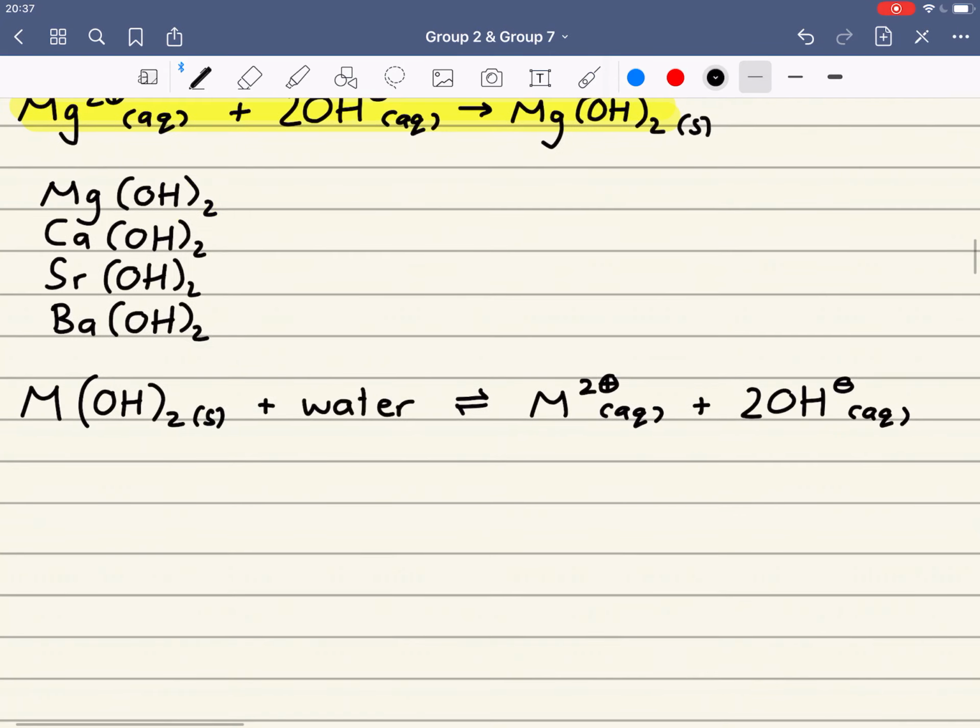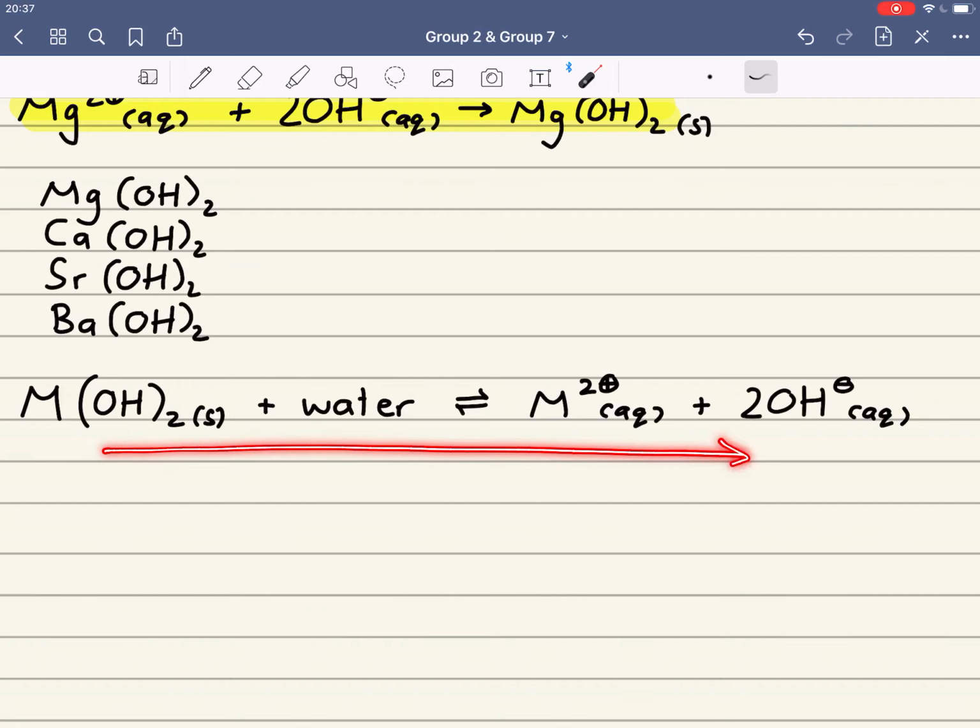The more soluble the group 2 metal hydroxide is, the more the equilibrium lies to the right and the more hydroxide ions we have in solution. So hopefully you can see, because the solubility increases down group 2, the equilibrium is going to lie furthest to the right with barium hydroxide and furthest to the left, if you like, with magnesium hydroxide.